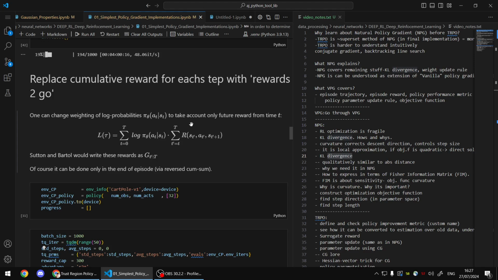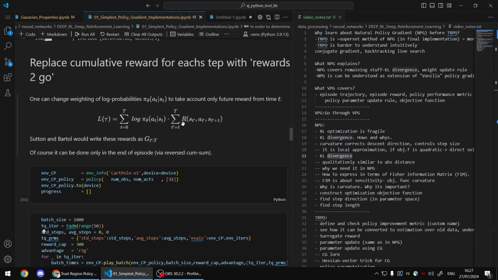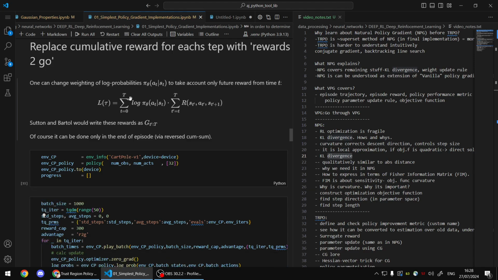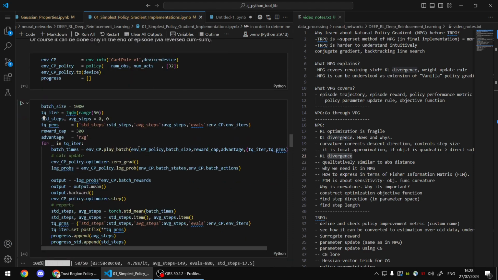So this idea is to drop the total cumulative reward and say that actually maybe some action at time t is affected only by future rewards, from t up to t terminal. And this is the idea behind rewards to go. Basically, instead of multiplying by one total reward for this trajectory, you just keep a reversed cumulative sum, and reversed again, if you're interested in implementation.